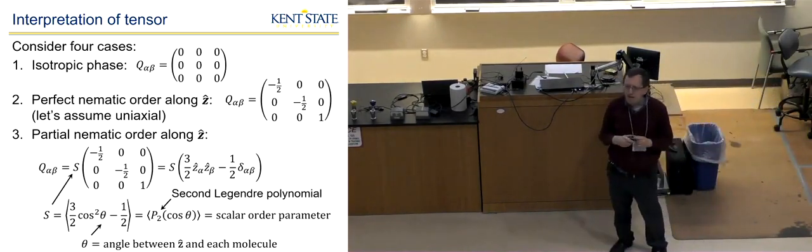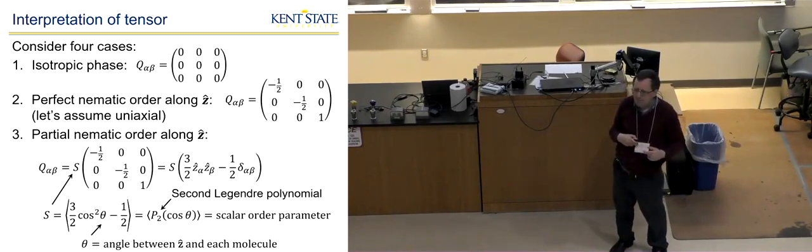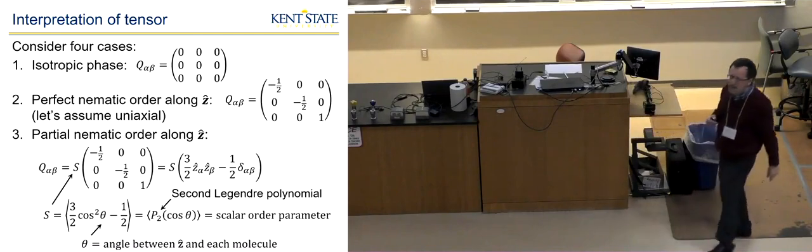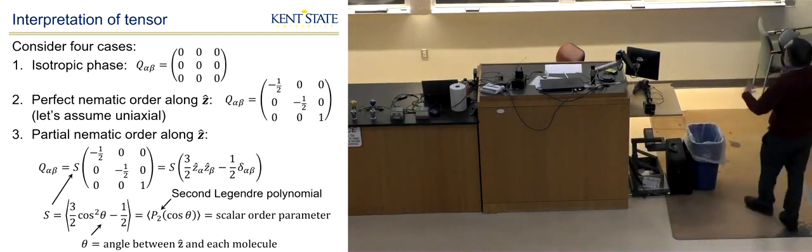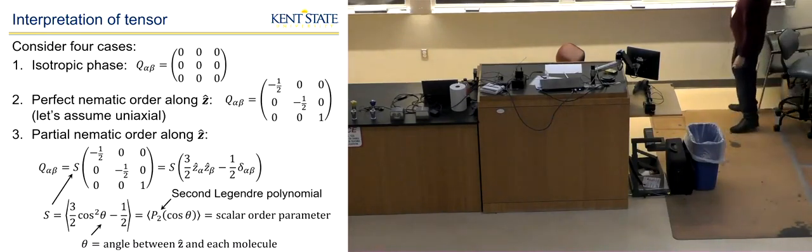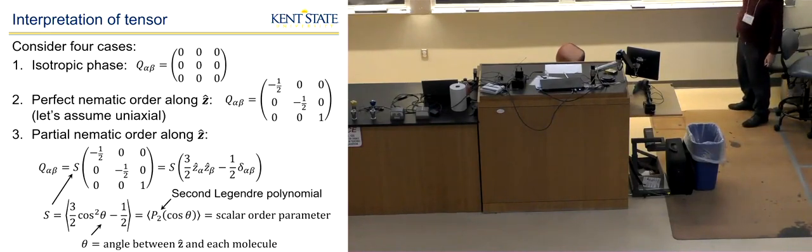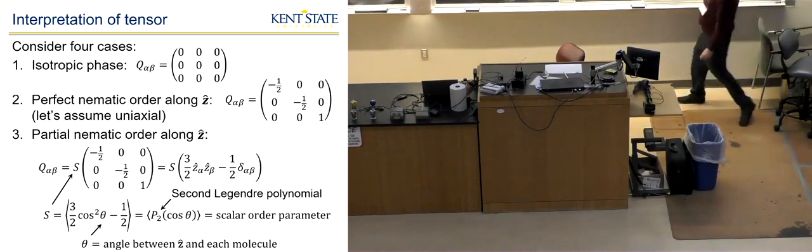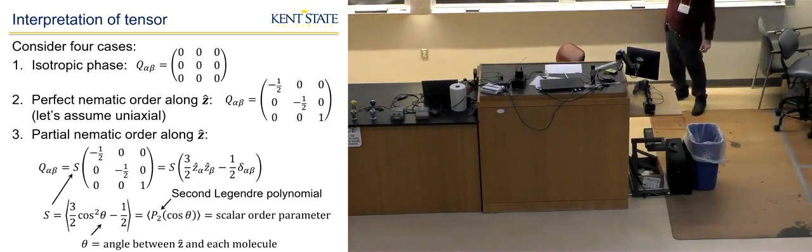Question? Yeah. So I see in both the isotropic phase and for the perfect nematic around Z, the Q tensor is a traceless tensor. So is it always true? It is always true that it is a traceless tensor by construction. I gave you an argument before that the trace of this thing has to be equal to 1, and now we're subtracting off a tensor with trace equal to 1 and multiplying by 3 halves.